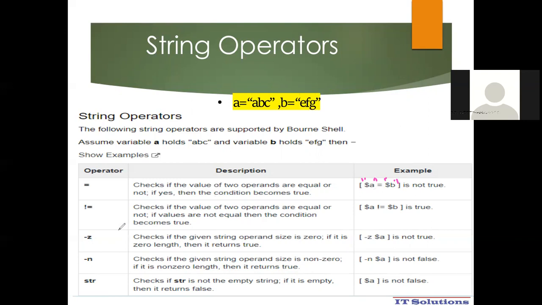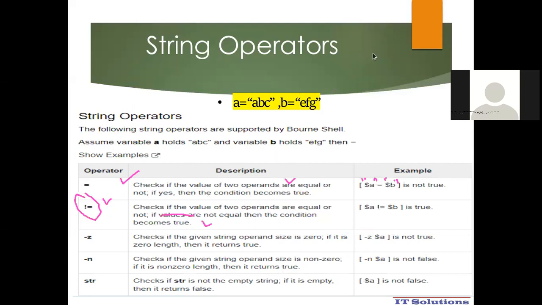Next is the not equal to operator. It checks if the values of two operands are equal or not. If the values are not equal, then the condition becomes true. So if you use the not equal to operator here, the result will be true when two strings are not equal.